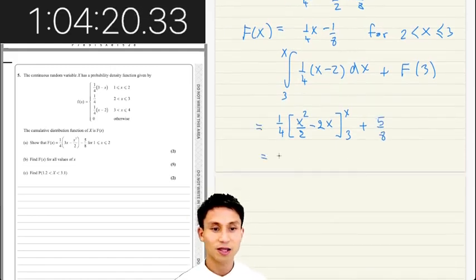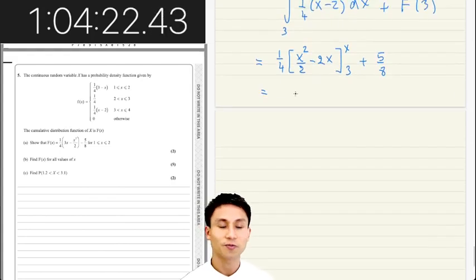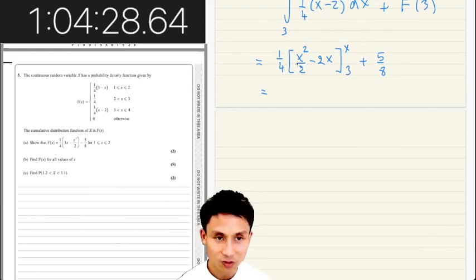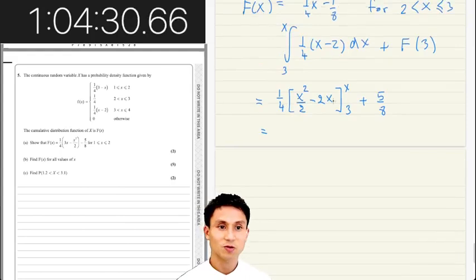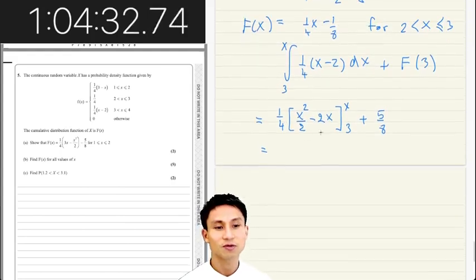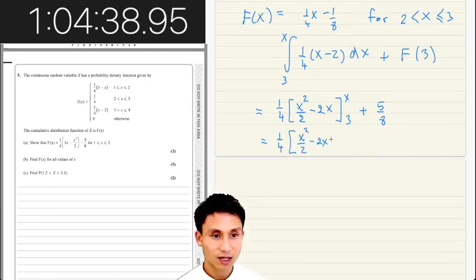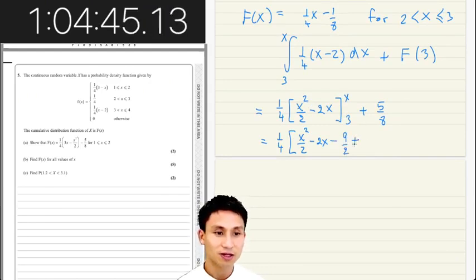Okay, just simplify that and we should get the answer. So I'm going to sub x in there and simplify everything. So 1 over 4 times x squared over 2... wait, hang on, I need to sub 3 first. All right, so this is 1 over 4 times (x squared over 2 minus 2x), and then sub 3 in. So that would be minus 9 over 2. And minus minus is a plus, so plus 6 there.